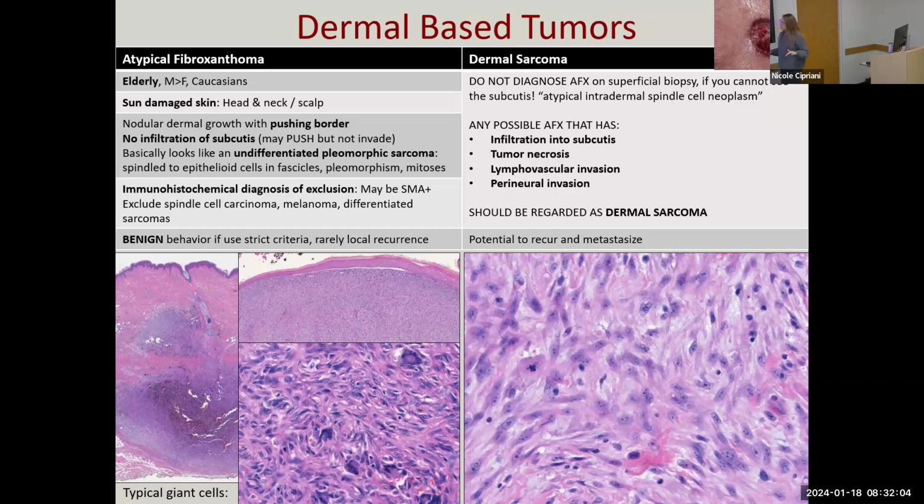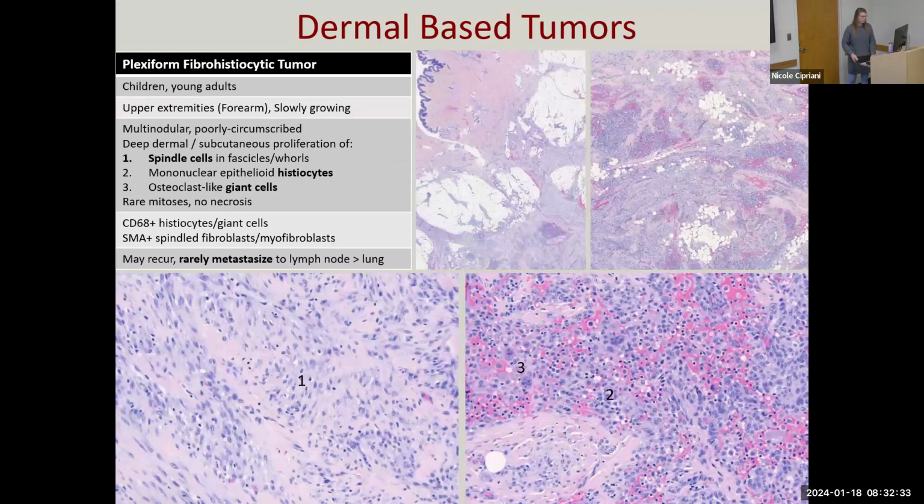Once you've excluded the other common things that occur in the superficial skin, then you can say, okay, maybe it's between one of these two things, but I only say this with caution because we've had cases that were diagnosed as AFX on the outside and then came roaring back as these giant things that metastasized, and were just higher grade malignancies. So if you say AFX, you imply it's out, patient's done. Okay, so that's just my word of caution.